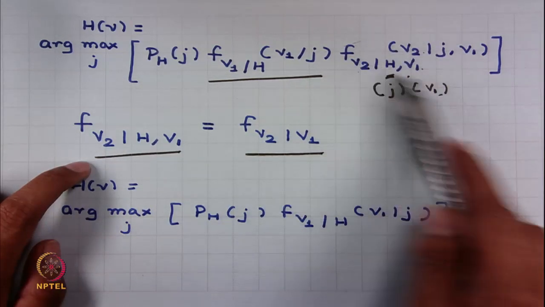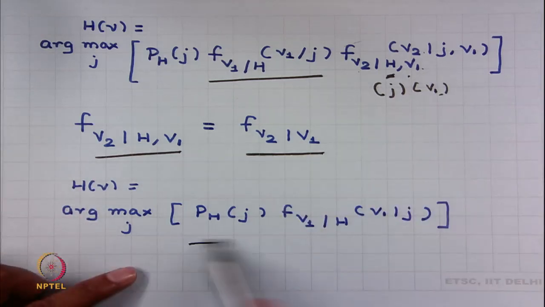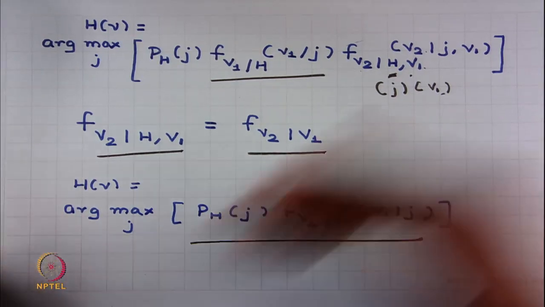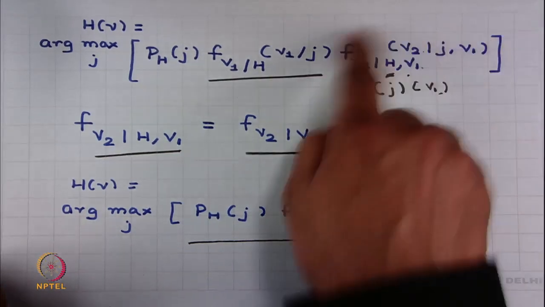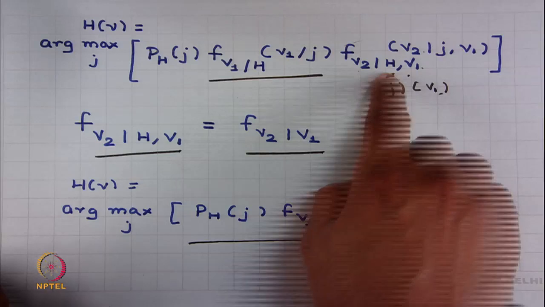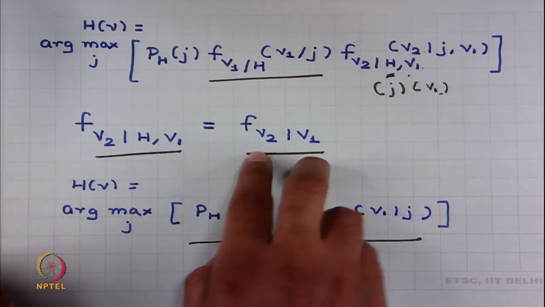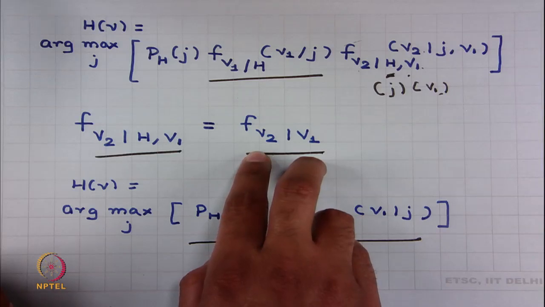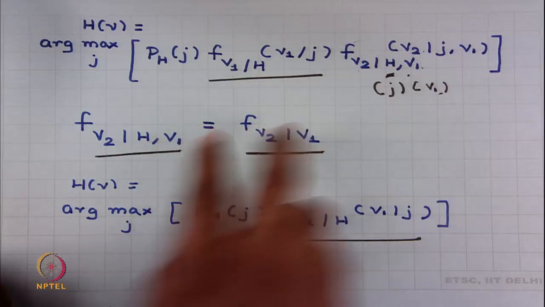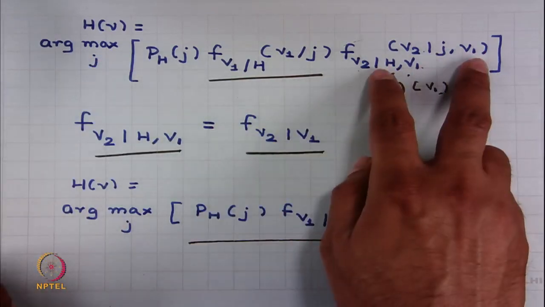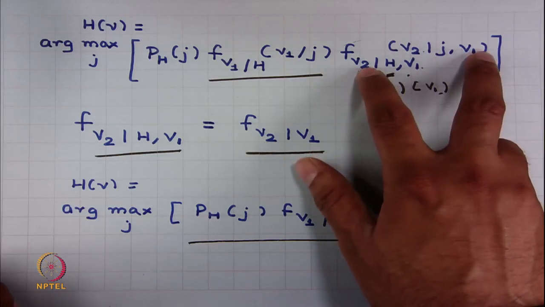So, this term could be ignored. Then in that case the MAP rule simply reduces to this rule. So, the MAP detector does not have to worry about this term, because it is constant with respect to j, it is constant with respect to hypothesis.